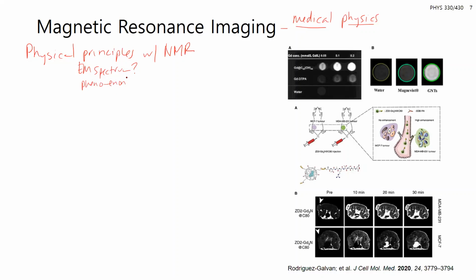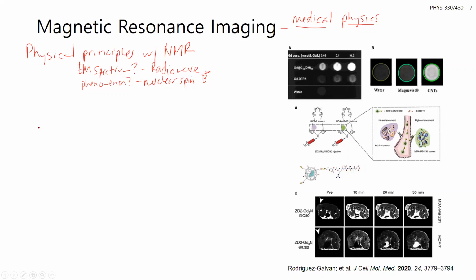Any comments? So we were using radio waves in the electromagnetic spectrum and taking advantage of nuclear spin in the presence of magnetic fields.